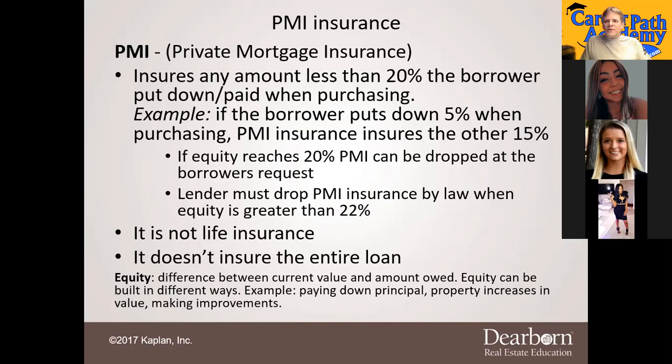With FHA loans, if the property has lead paint and the paint is peeling on the exterior or interior of the house, you're not going to get an FHA loan unless the owner scrapes and repaints. It cannot have peeling paint, otherwise you won't get an FHA loan to buy that house.